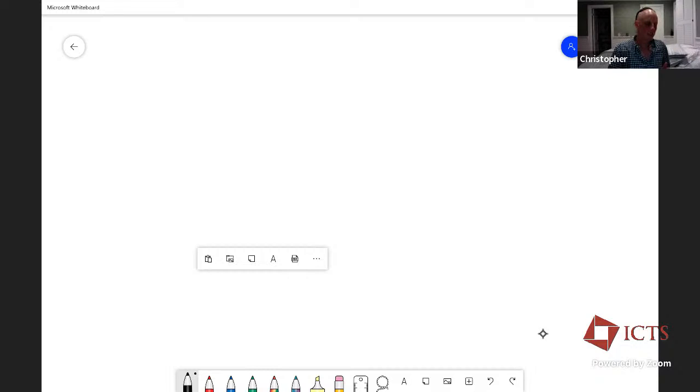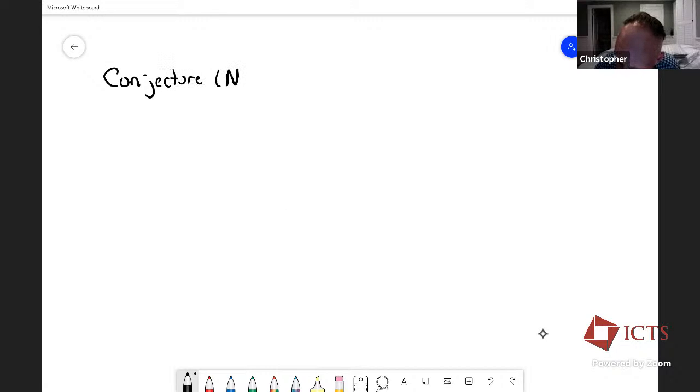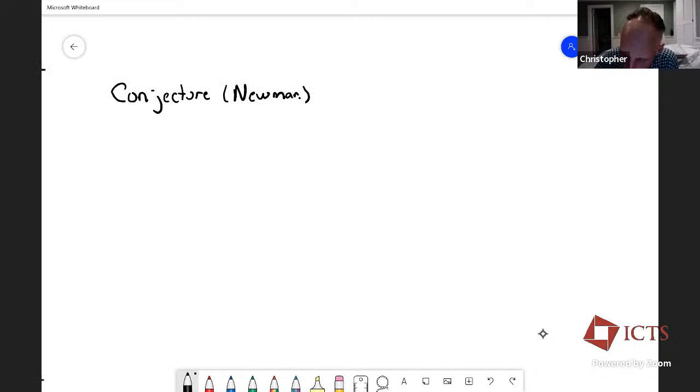So there's a general belief or conjecture due to Newman.